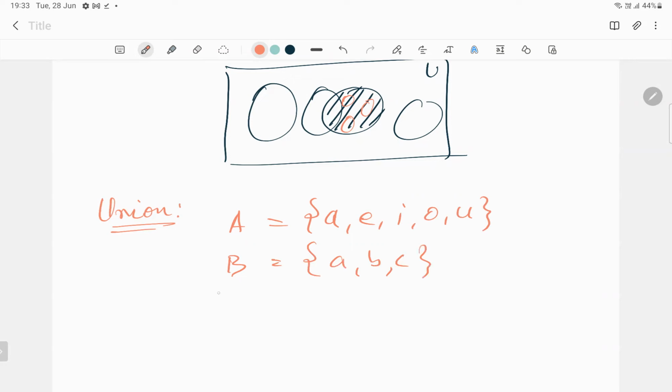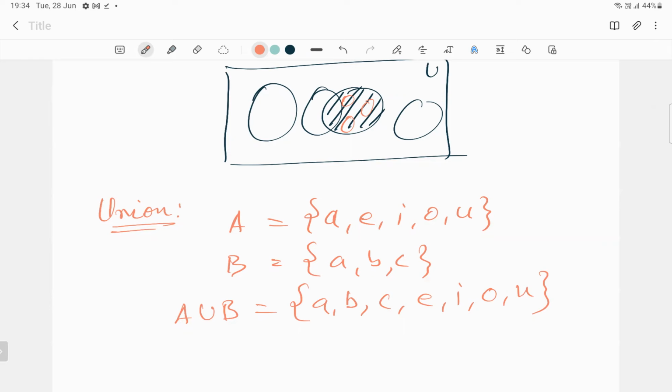Now if I'm saying A union B, it must have all the elements, but here A appears twice, so we don't have to write A twice. It will be A, B, C, E, I, O. So the overlapping or same terms are written only once.